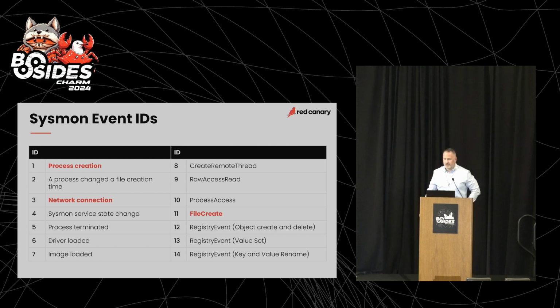Dana in the back actually did a wonderful talk on drivers and device drivers. You can still see there's very little logging available for when those are loaded and executed. But if we're looking at number 6, we can see if somebody is downloading their own driver, executing it, and using that as a backdoor, this gives us that visibility.